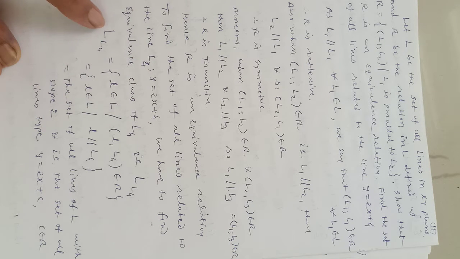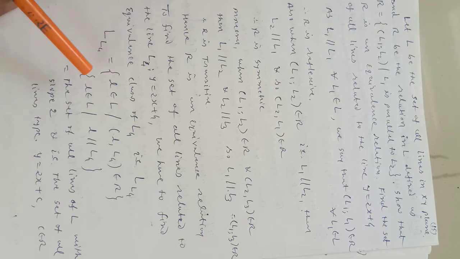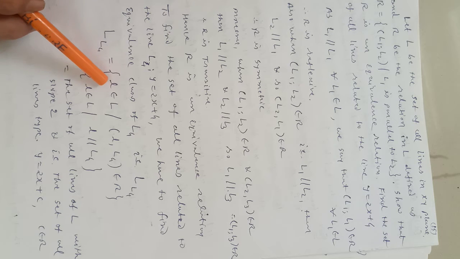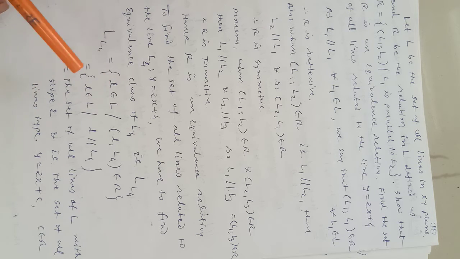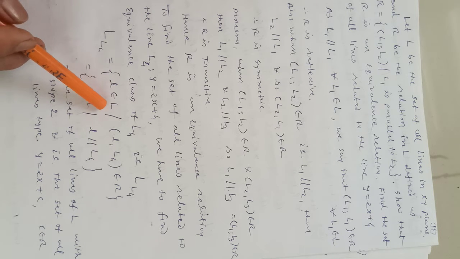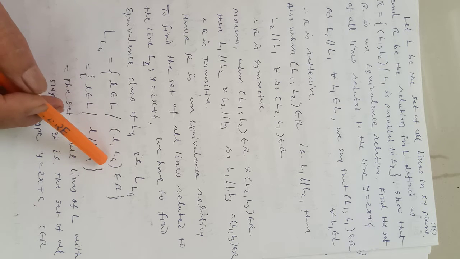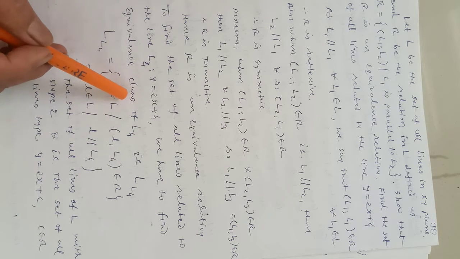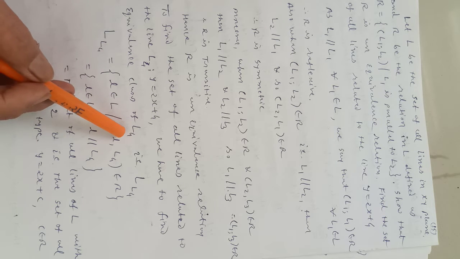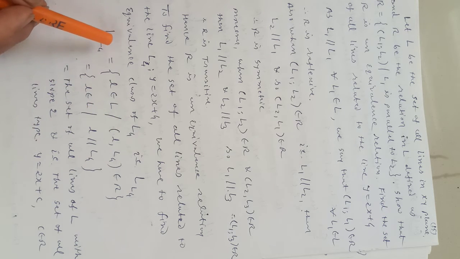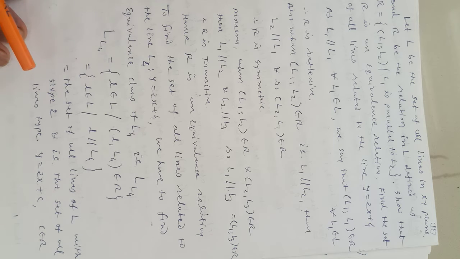So what is the equivalence class of this line L4? It equals the set of all lines small l belonging to capital L such that l is related to L4. Remember, to find the equivalence class of line L4 means we have to find those lines which are related to L4, nothing else.